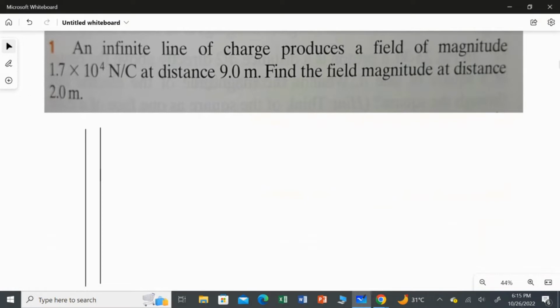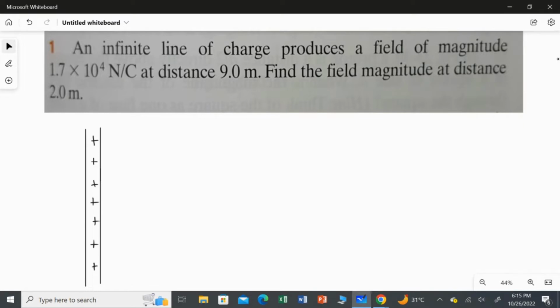So what is given in the first line? You have the infinite line of charge. I'm just taking the positive infinite line of charge, which has the field effect of 1.7 multiplied by 10 to the power of 4 Newton per Coulomb at a distance of 9 meters.